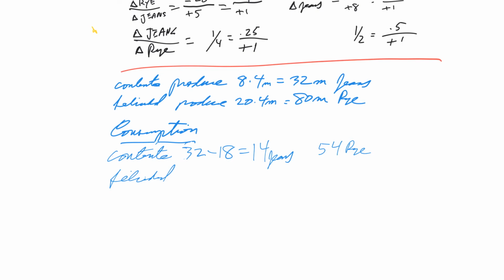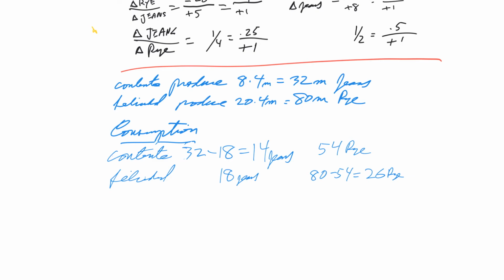So they are importing all their genes, and they're the ones getting the genes, so they're going to be consuming 18 genes that they imported from Contente. And they traded away 54 rye, which leaves them 26 rye. So that's what they're consuming.